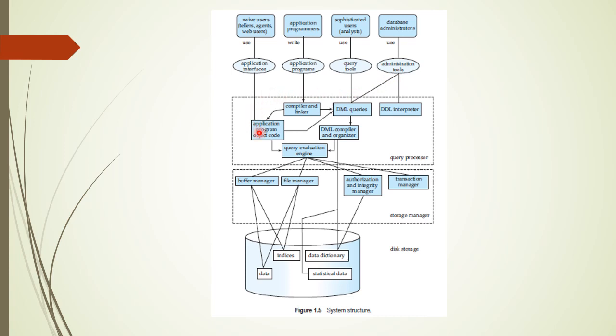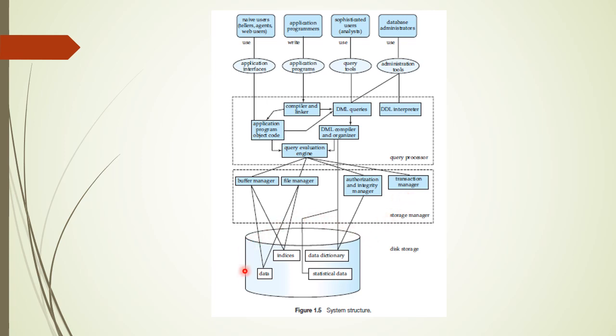Now this part is a query processor which contains the application program's object code. You have a query evaluation engine, then compiler and linker. You have DML queries, DDL interpreter, DML compiler, and the organization. This part is a storage manager which contains the buffer manager, file manager, authorization and integrity manager, and the transaction manager.